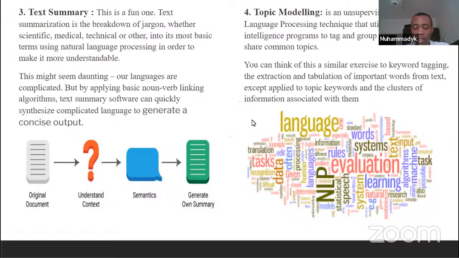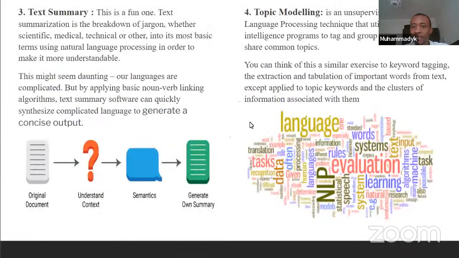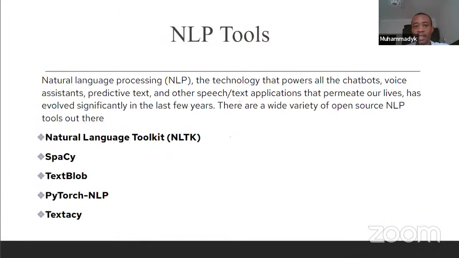So that's the topic modeling. Yeah, so we've been able to understand the different techniques as to how we can perform natural language processing. So next on our list would be the tools that are involved in natural language processing.